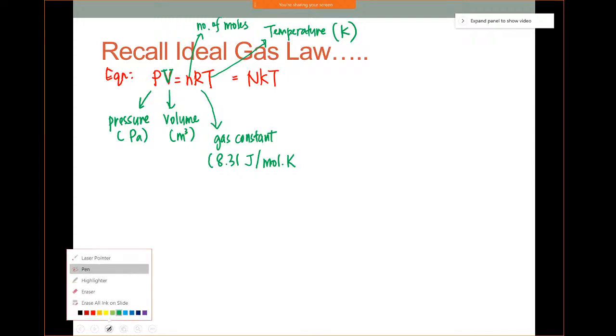So whenever it comes to SI units, remember the SI unit for temperature is always Kelvin. How about the other side?